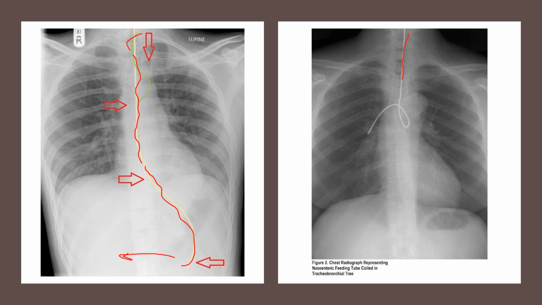What you don't want to see is over here on your right. It went down, and then they kept advancing it, and it made its way into the right mainstem. So that's one of the indications for a chest x-ray before they use an NG tube.